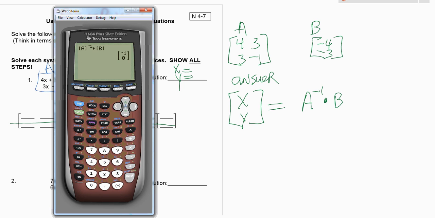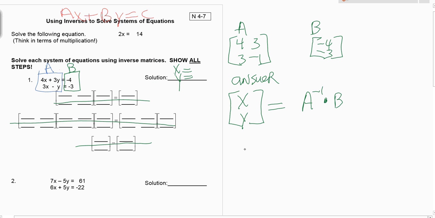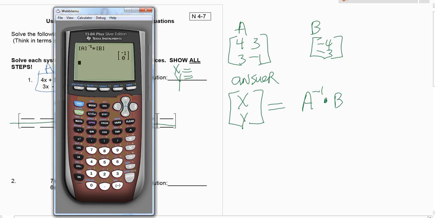So this tells me that my xy, whoops, let's try that again. Why is it doing that? I don't really know. Let's see if we can get that back up. Our xy matrix is -1 for x and 0 for y.